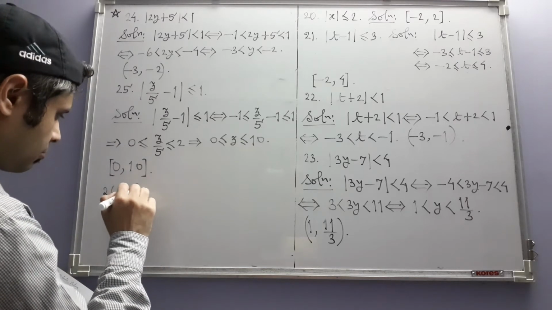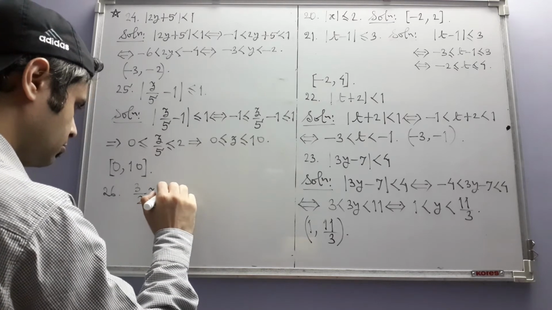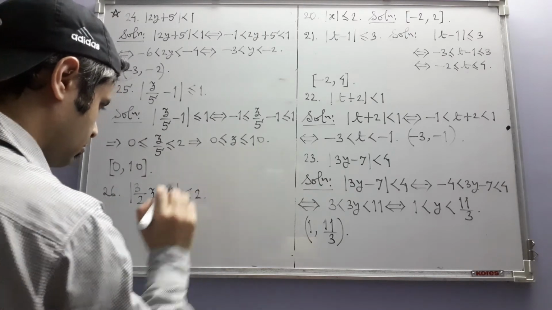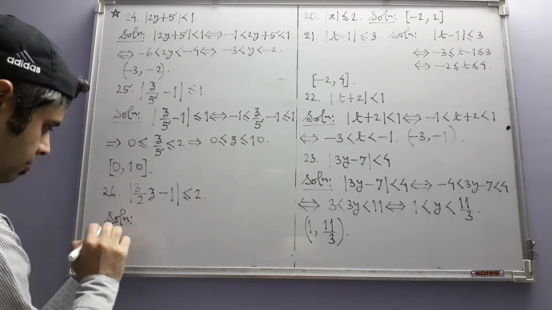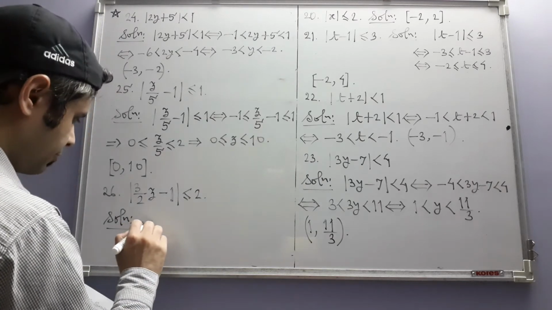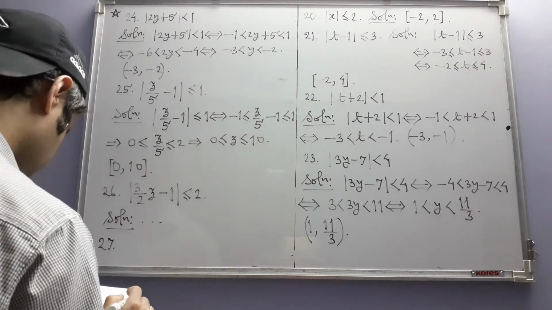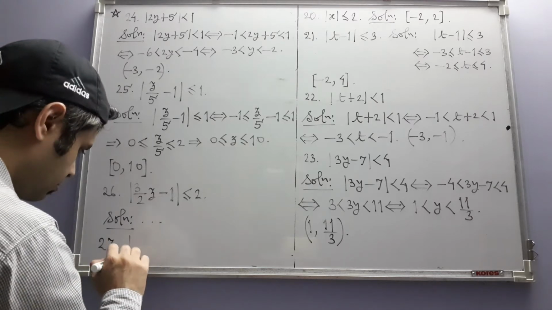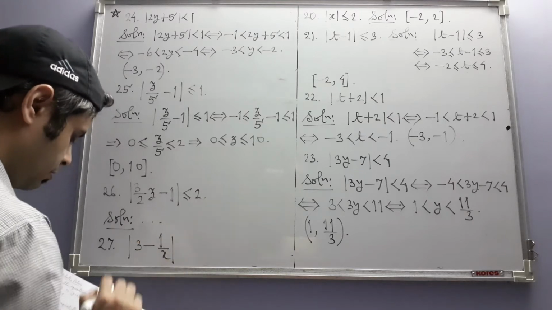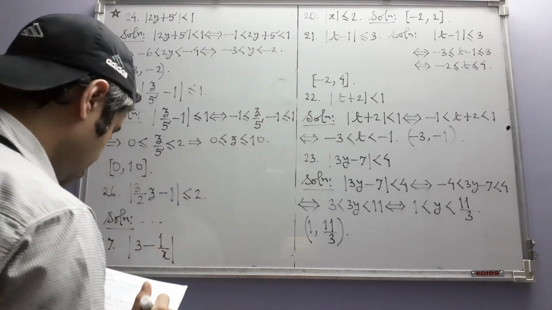26. Okay, this is same, it's left to you. 27. 27 is slightly different, because here we have x in a quotient where it appears in the denominator.